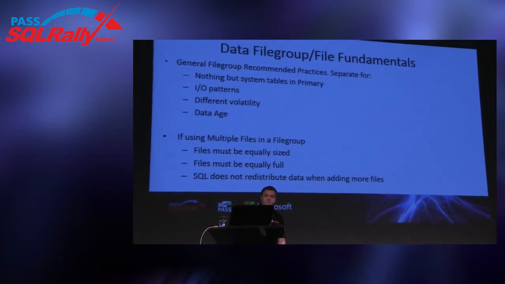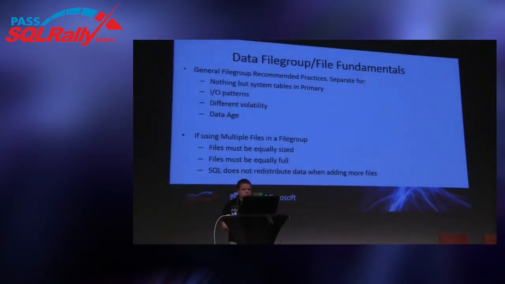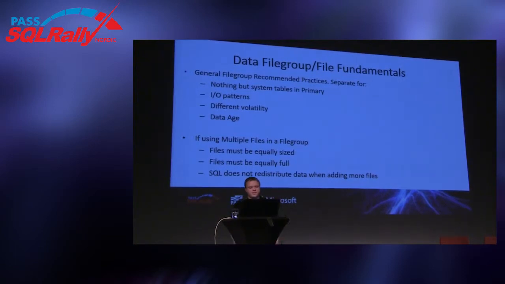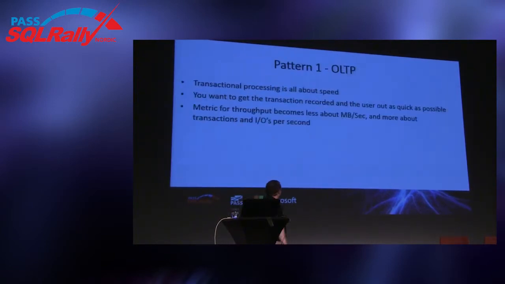So if you, let's say, have a very high volume OLTP, and you want to load balance across 2 files or 3 files or 4 files, however many, on different disks or different spindles, if they're not all equally sized and equally full, you're going to get hotspots. So that's just something to remember for when you go and try this yourselves. I'll remind you again later.